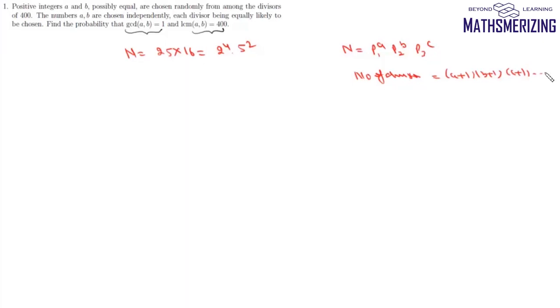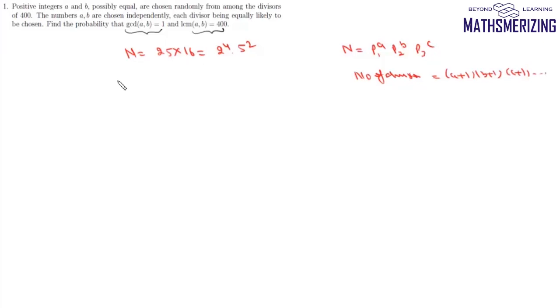Now first we look at the number of divisors of 400. Now we know that 400 is 25 into 16, so it is 2 to the power 4 into 5 square. If we have any number n expressed as prime powers, p1 to the power a, p2 to the power b, p3 to the power c, the number of divisors is given by (a plus 1)(b plus 1)(c plus 1) and so on.